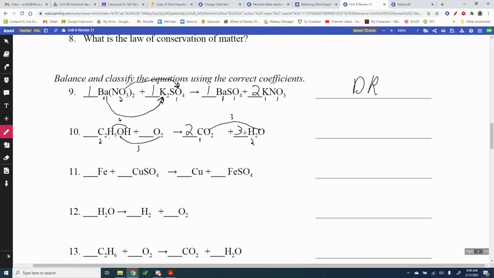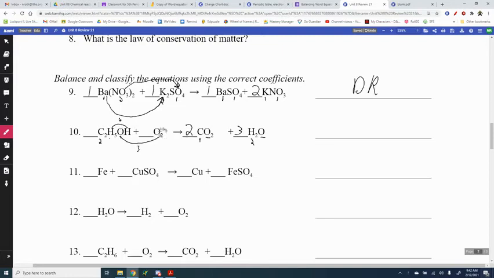Okay, so now we have 3 oxygens here. I'm going to erase this so it's not confusing. So we have 3 oxygens here. We have 4 oxygens here. So that is a total of 7 oxygens. That's going to be a little bit tricky, but remember, we have our 1 oxygen right here.